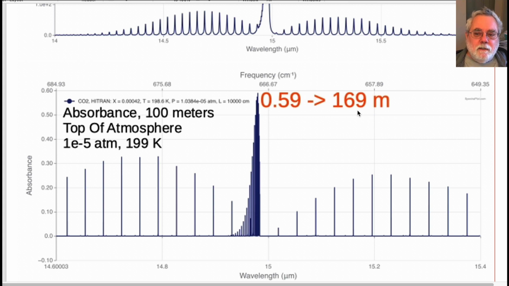So, perhaps the absorption cross-section at the 14.98 micron peak wavelength increased by a factor of 127 due to low pressure and low temperature, but the number density decreased by a factor of 100,000.